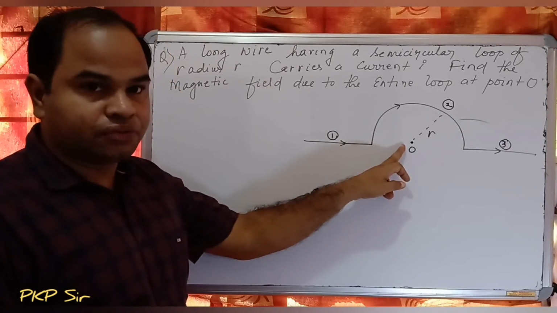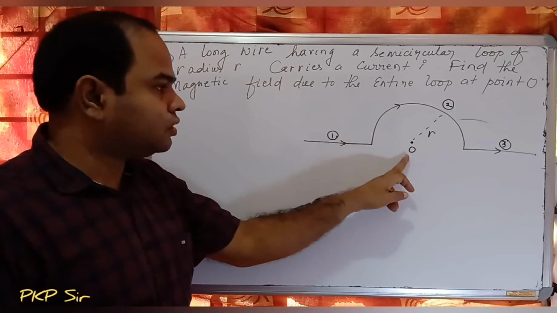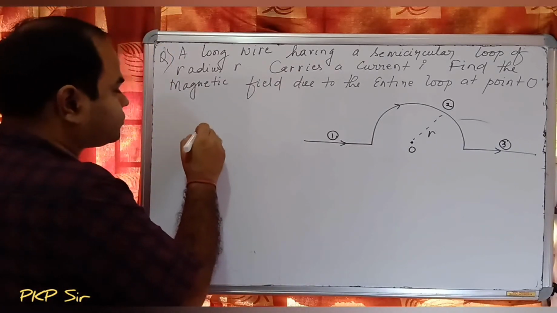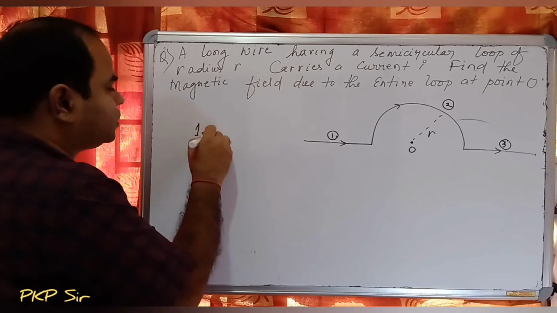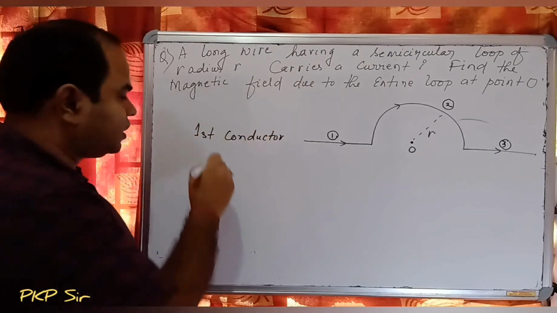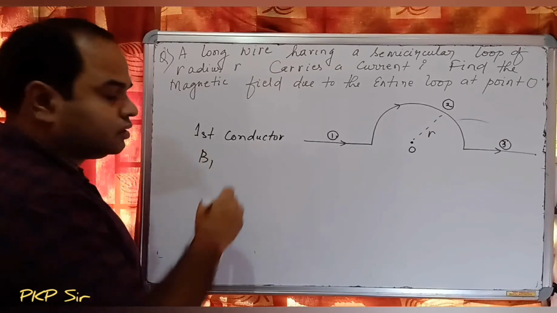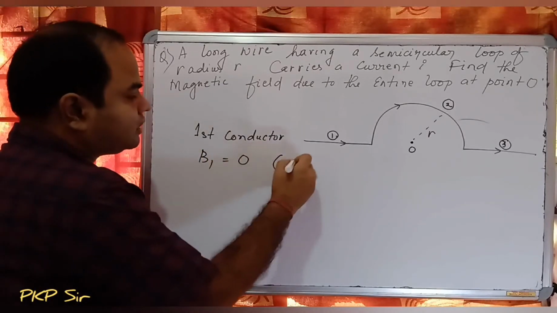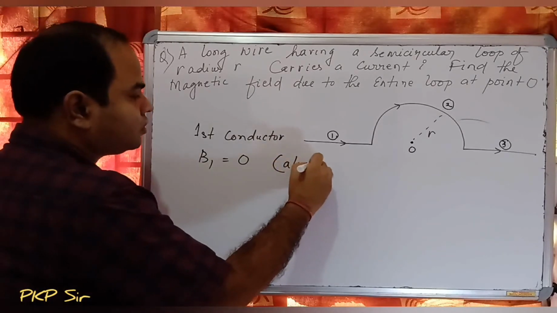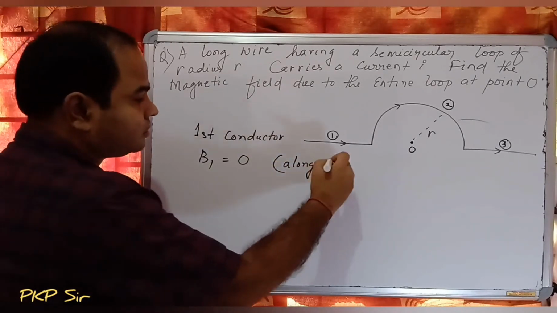So the magnetic field due to the first conductor at point O is 0. Let us say this is B1, so it is 0 at the center O because the current is along the axis.